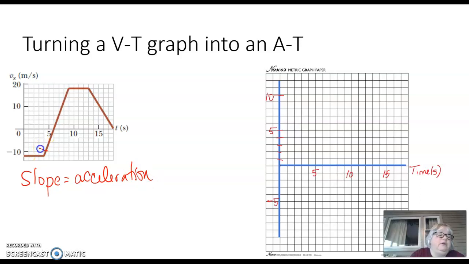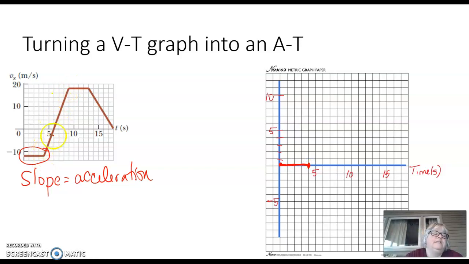So if I take a look at this first region from 0 to 4 seconds, my slope would be 0 because it's a flat line. So I can come over here onto my graph and say for my first 4 seconds, my acceleration is 0.